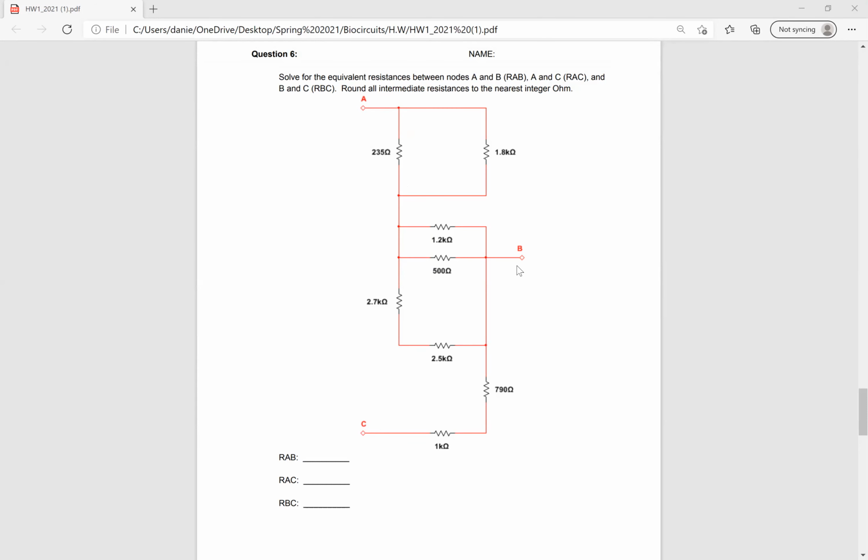Higher resistance. Right, I'll grant you that it's higher, but it doesn't mean that there's nothing there. I'm already giving away the answer, which I shouldn't. What if I had just changed the order of those three branches, the 1.2 to 500 and the 2.7, 2.5?